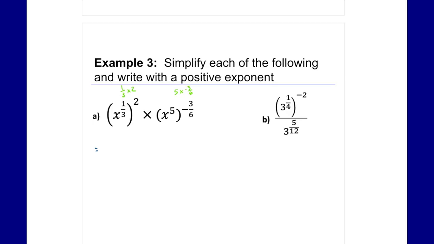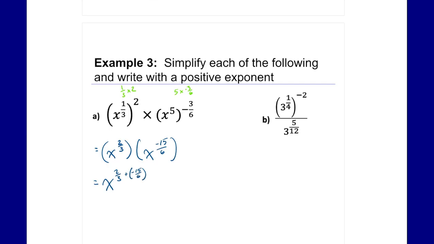So these two powers become separately x to the power of 2/3 times x to the power of negative 15 over 6. Now the rule states that when we are multiplying powers, we have to add our exponents. So this is going to become x to the power of 2 over 3 plus negative 15 over 6.